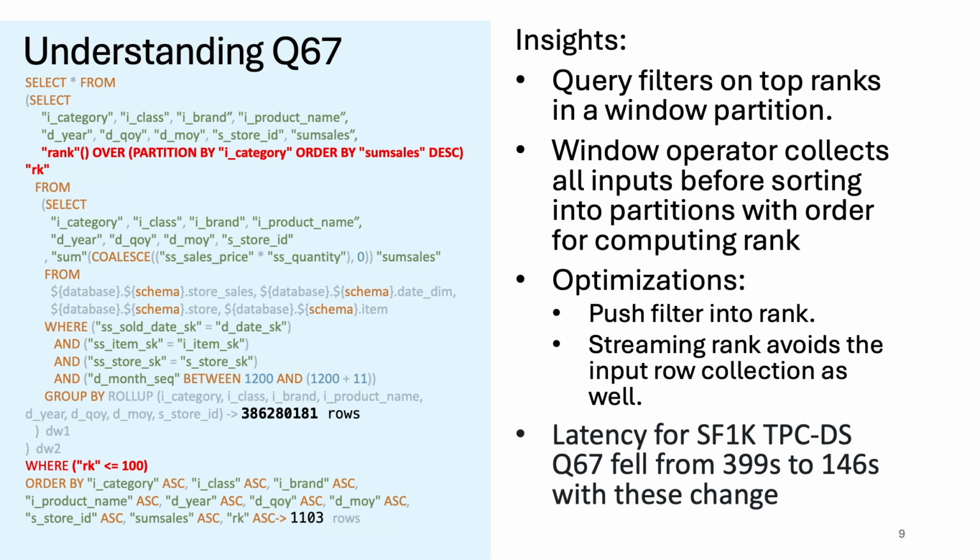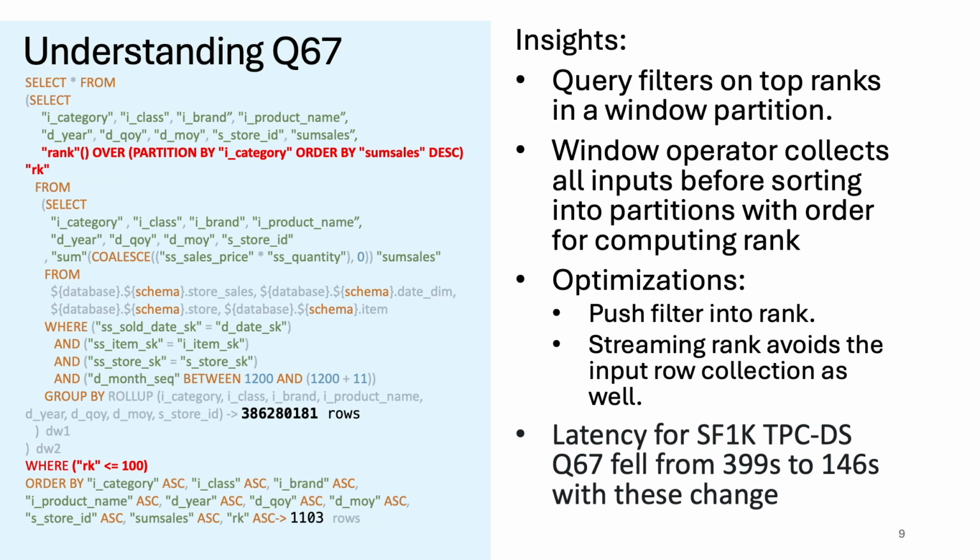At the very least, we want to push the filter into the rank so that the window operator doesn't generate that many rows, but we can do better than that. Rank can be computed in a streaming fashion, so you don't need to see all the data and then do this massive sort.